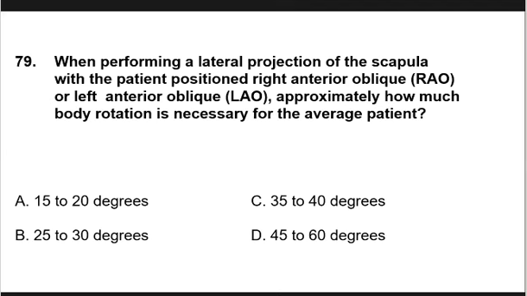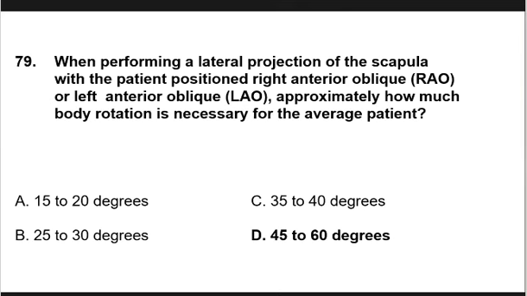When we demonstrate the lateral projection of the scapula, the patient could be in either RAO or LAO position. So how many degrees of body rotation? That is 45 to 60 degrees of body rotation.